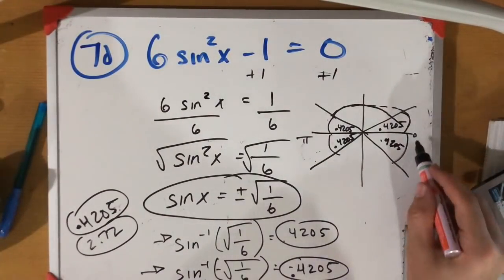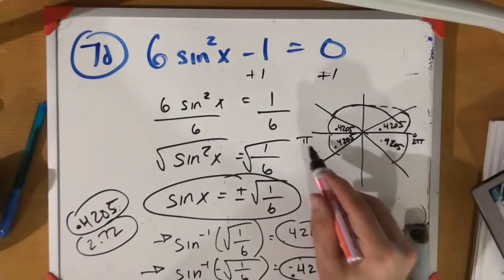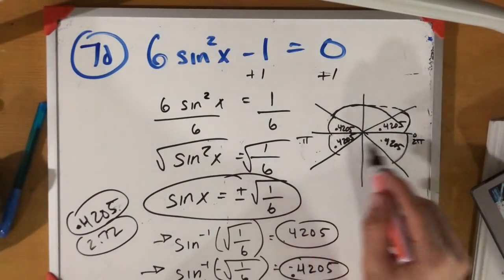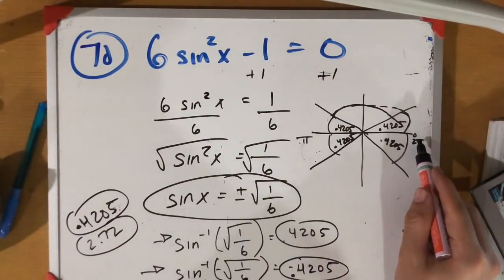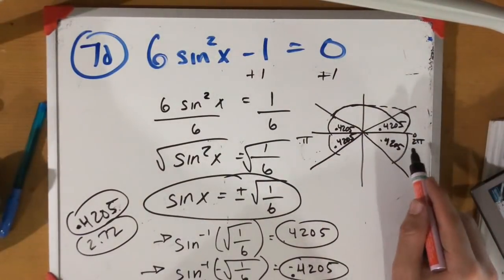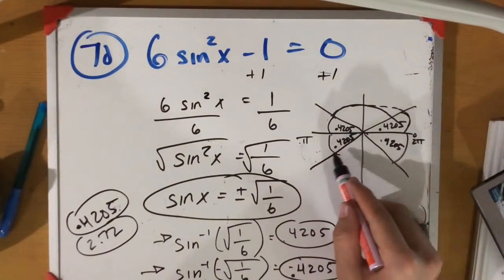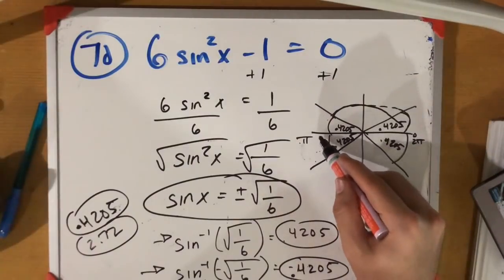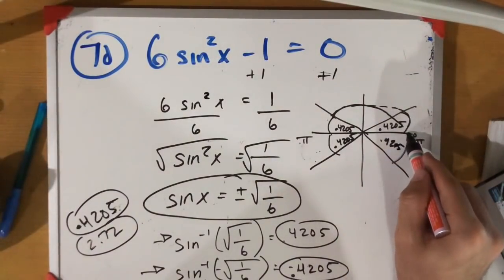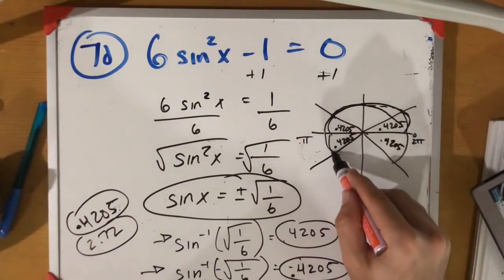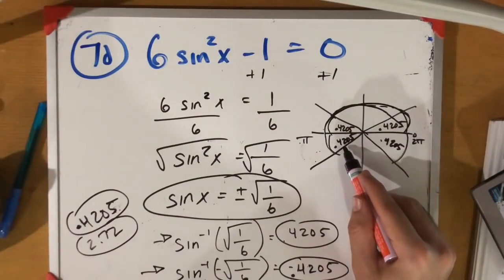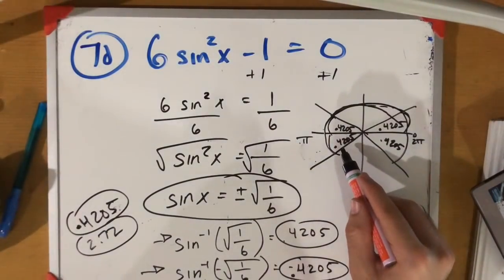So again, tell yourself, you have pi on this side, 180, all the way on this side is 360. Remember, we go from 0 to 360. So, we're trying to find this angle, what's pi plus 0.4205?